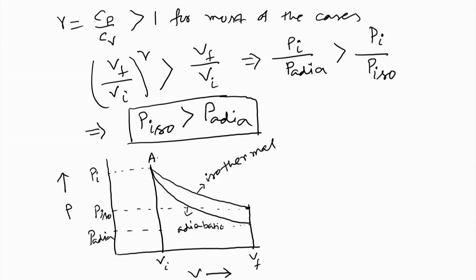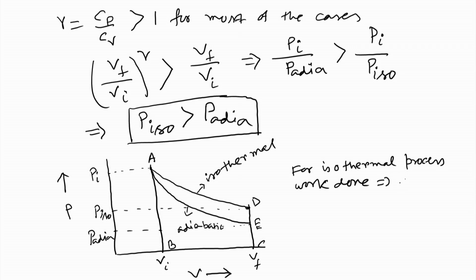So, if we label them as A, B, C, D, E, for isothermal process, work done is nothing but the area under the curve A, D, C, B.